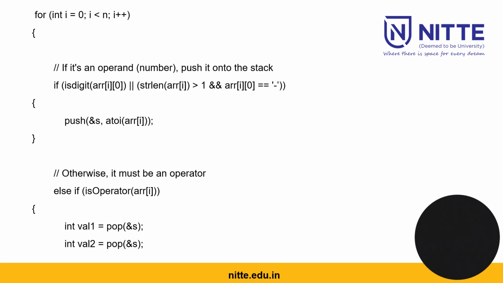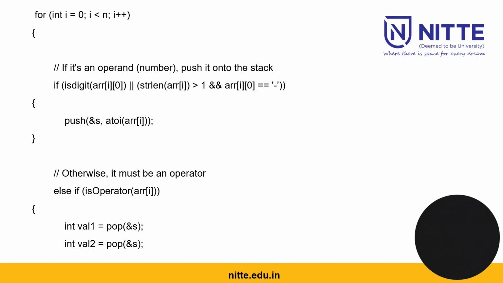So array of i will be converted from ASCII value to integer, and that integer we will push onto the address of the stack, s meaning the address of the stack. This happens when we encounter an operand.